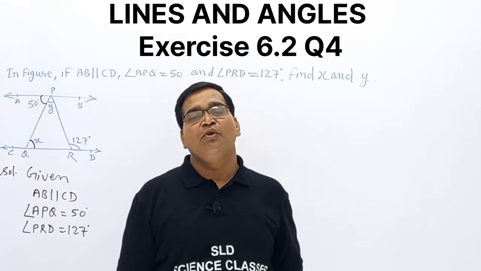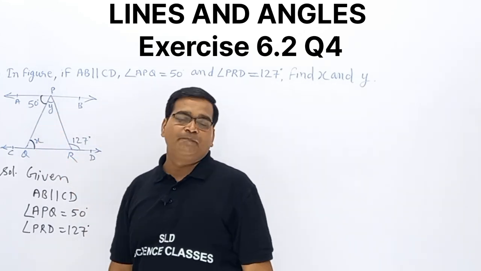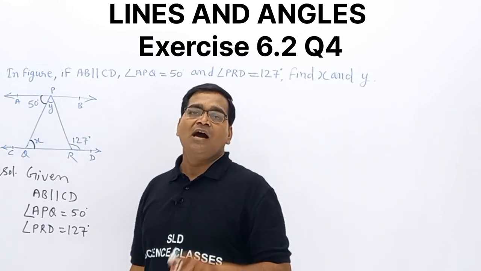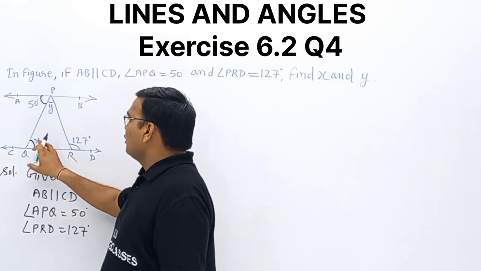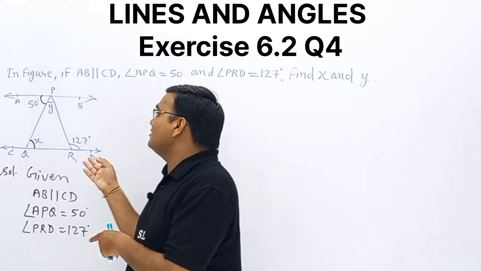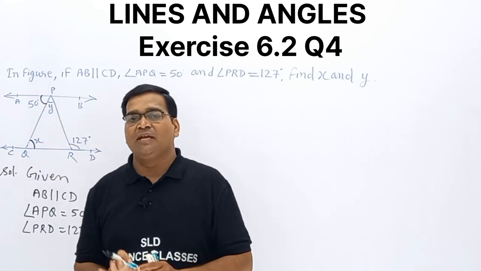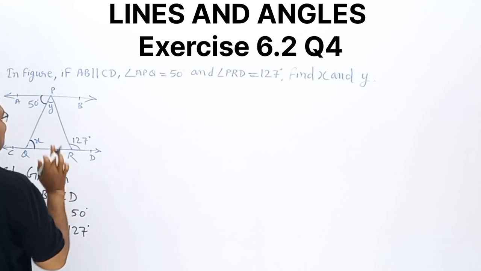That is the answer. Why? Because this one and this one are alternate interior angles. We studied that alternate interior angles are equal. This is 50, so this will be 50. Only write: AB is parallel to CD.